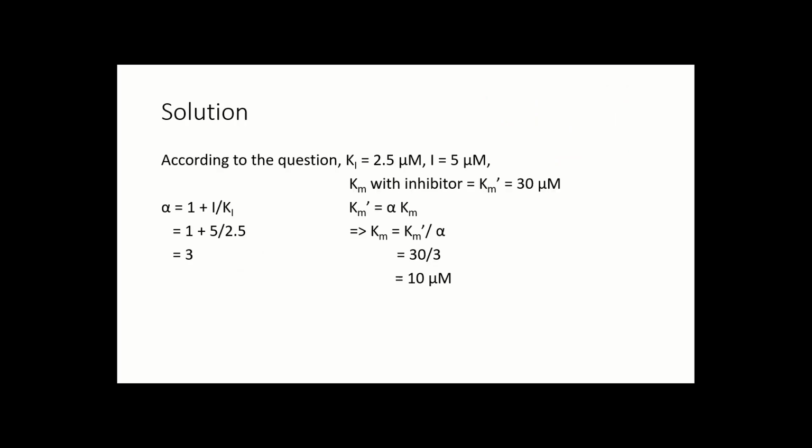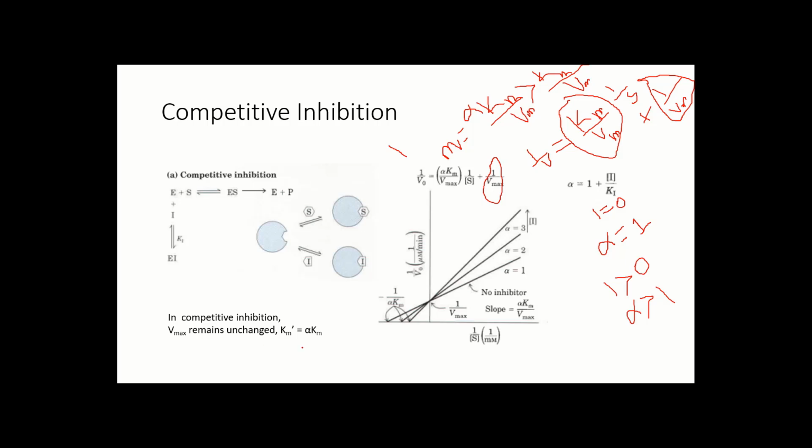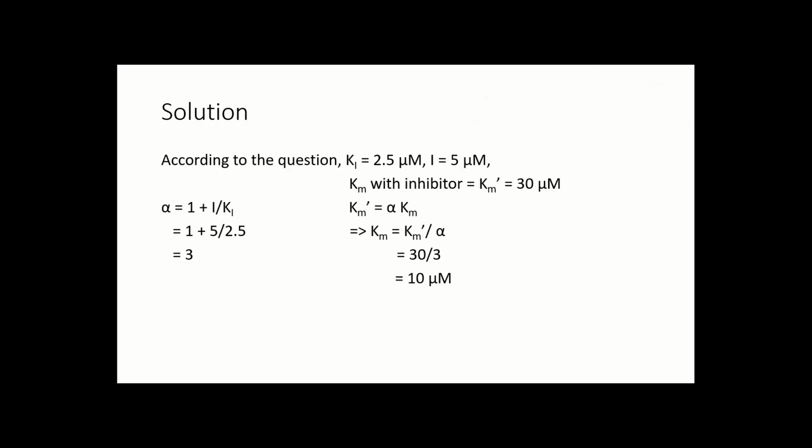According to the question, Ki is given as 2.5 micromolar, the inhibitor concentration is 5 micromolar, and Km with inhibitor, or Km dash, is given as 30 micromolar. They are asking to find the Km without inhibitor, right? We showed that Km dash equals alpha into Km, where Km dash is the Km with inhibitor and Km is the Km without inhibitor.